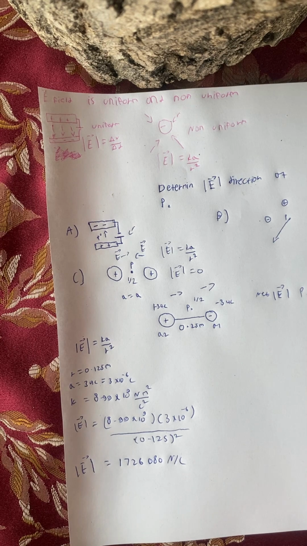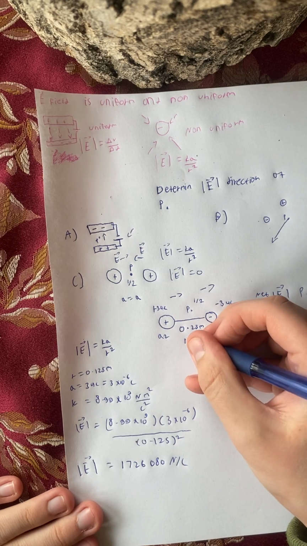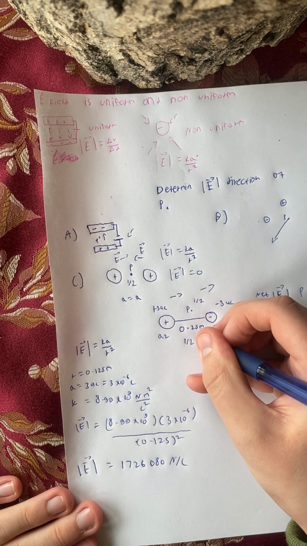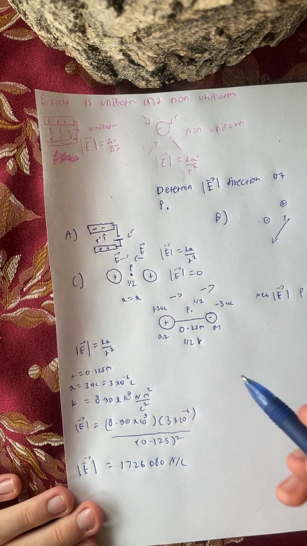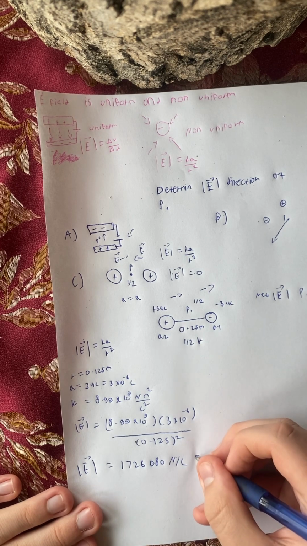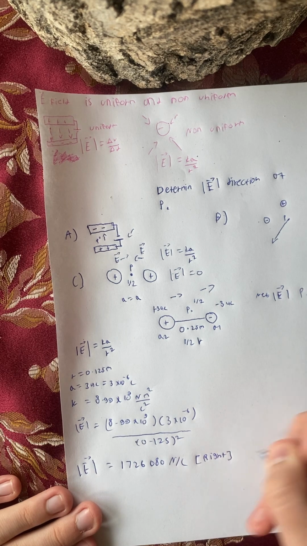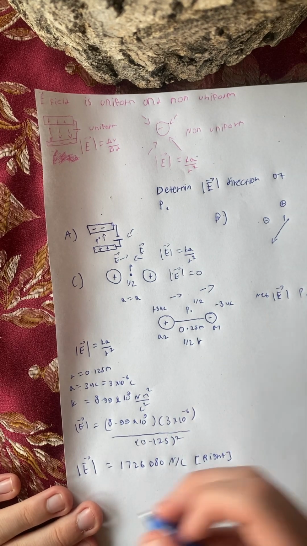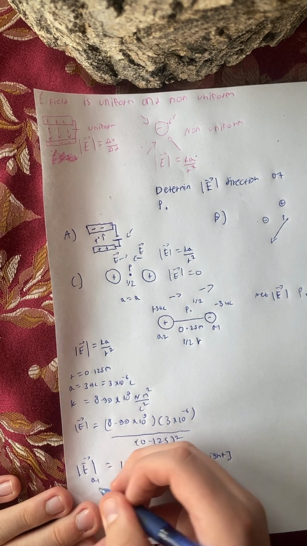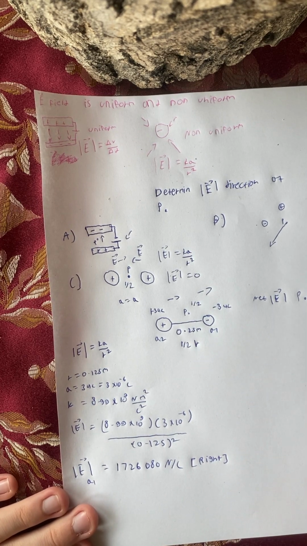Now, we actually can notice something that will allow us not to do the calculation both times, because we don't have to. We know that both charges, and let me include a direction here, to the right, are an equal distance from point P and have the same magnitude of charge.